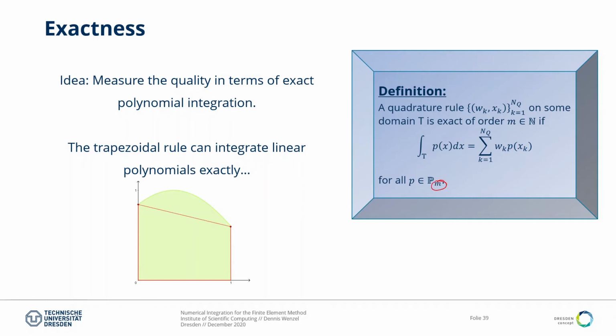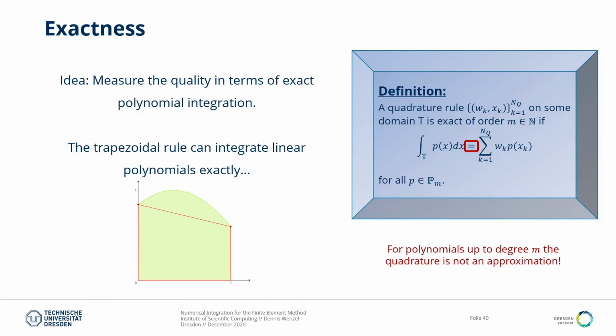So this m here is the order of exactness. P is a polynomial. More precisely, the important thing here is that this is not an approximation anymore.